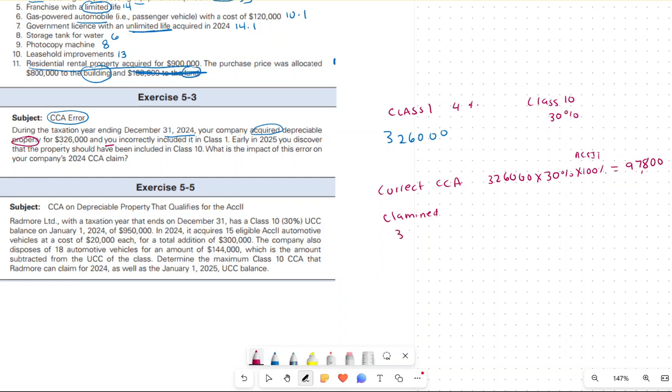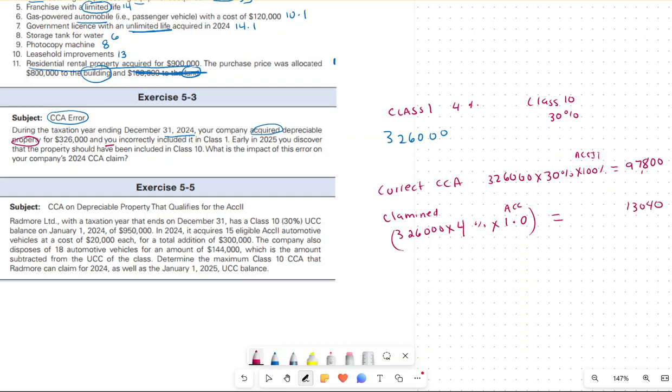On 326,000, we said it's in class 1, so the CCA we took is 4%, and then it's accelerated, so that'll be 100%. This stands for accelerated investment incentive, and that will be 13,040.